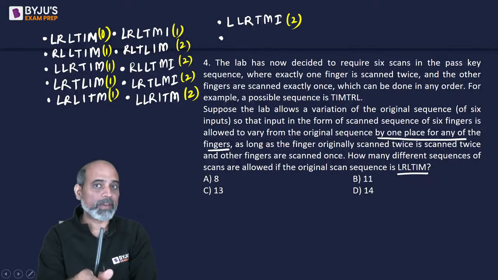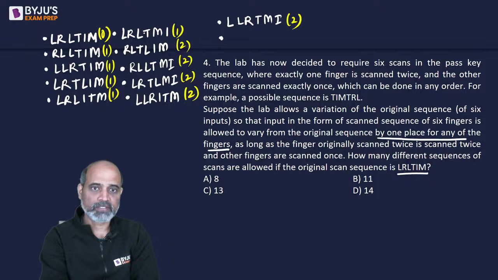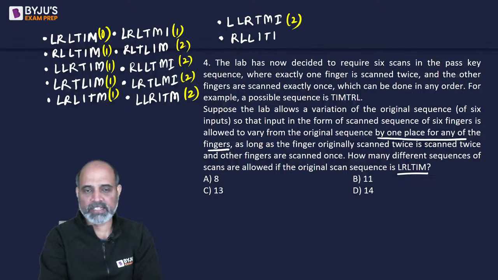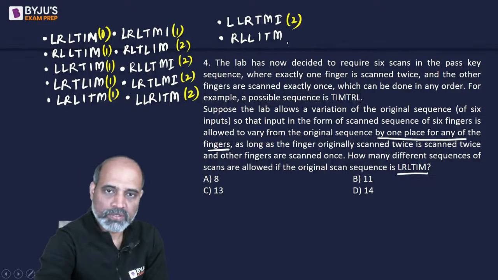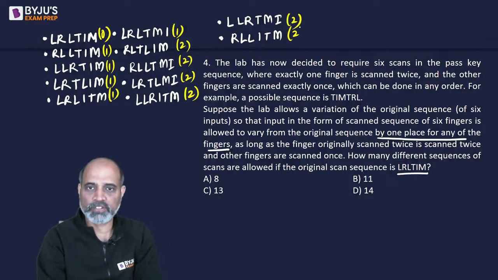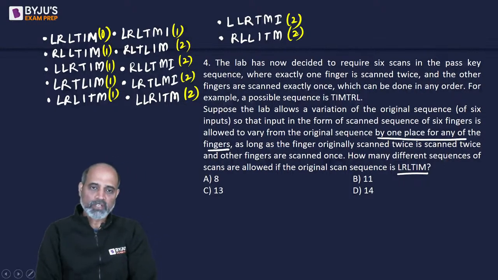TI was not in pair as of now, है ना? तो TI and LR. So I will get RLL. TI will become IT and M. So this is another one with 2 positions.